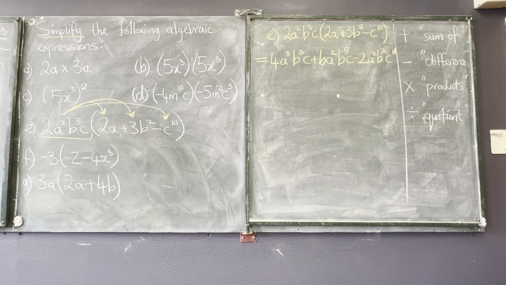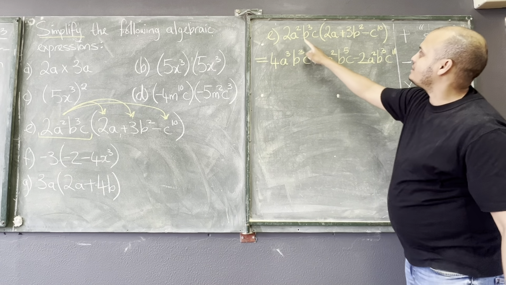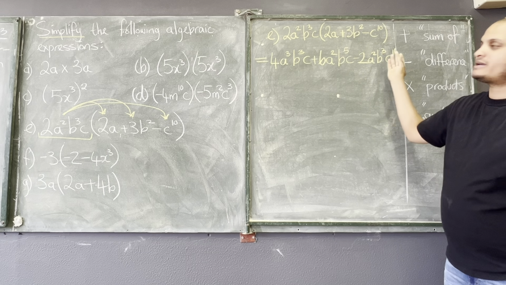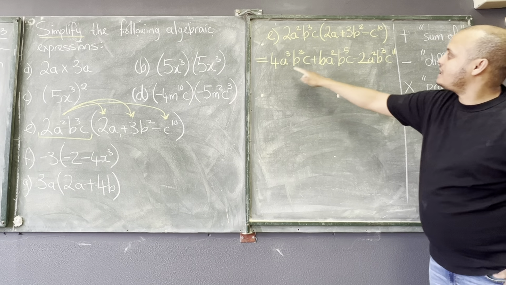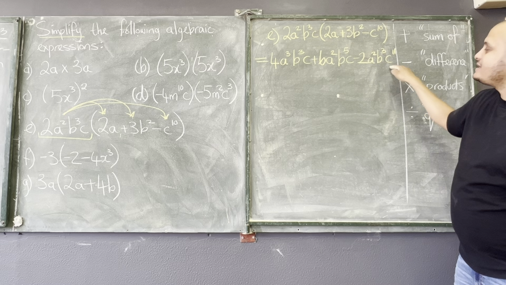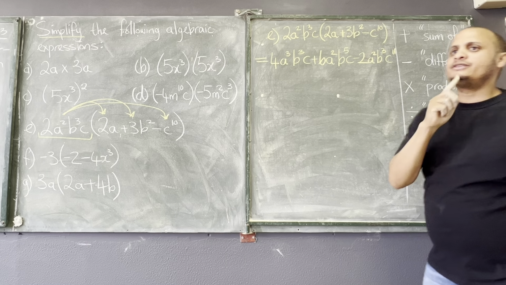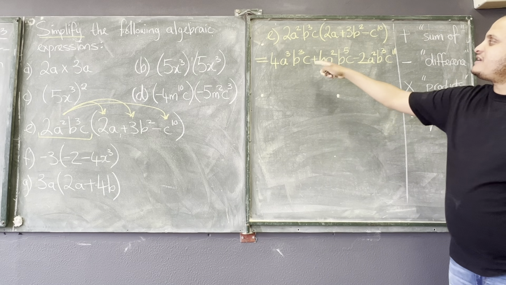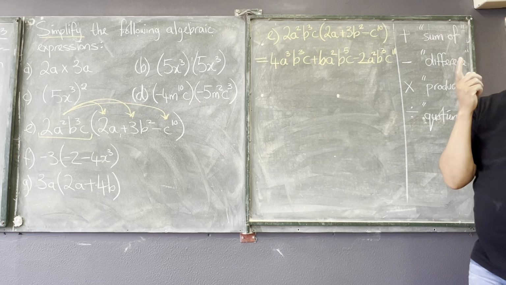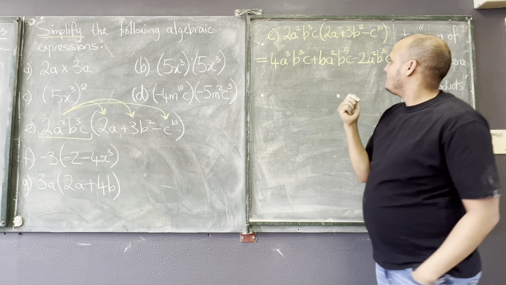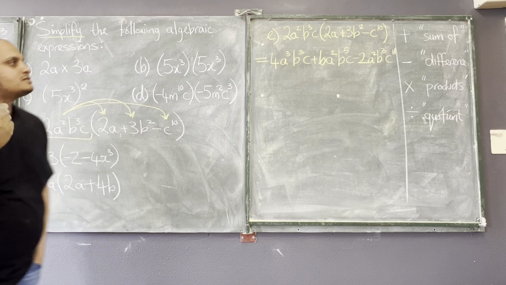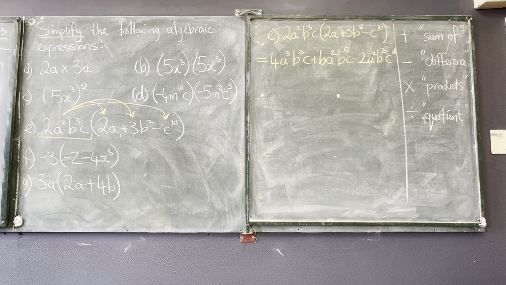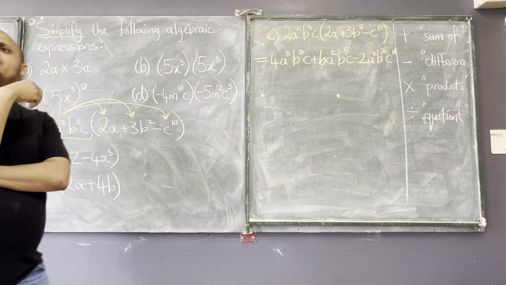Now, I have multiplied this out, meaning there's no more brackets, it's been expanded. I still have 1, 2, 3 terms. I still need to check, can I simplify further by adding like terms? So, are there like terms in this expression? How do I determine like terms?